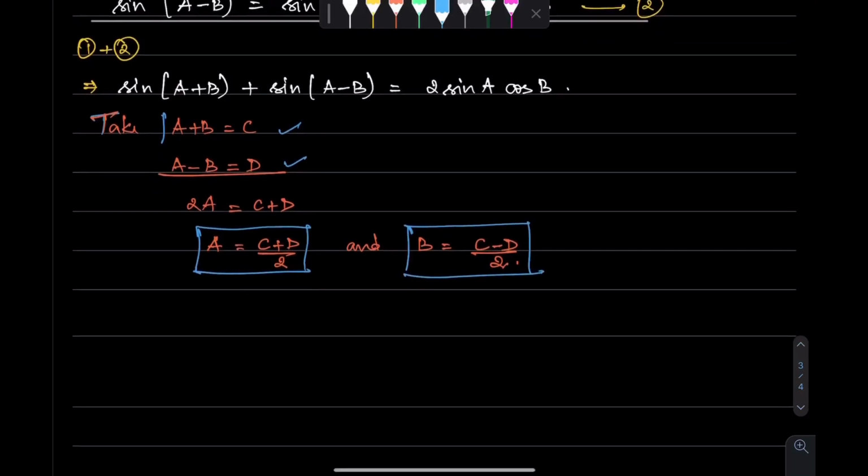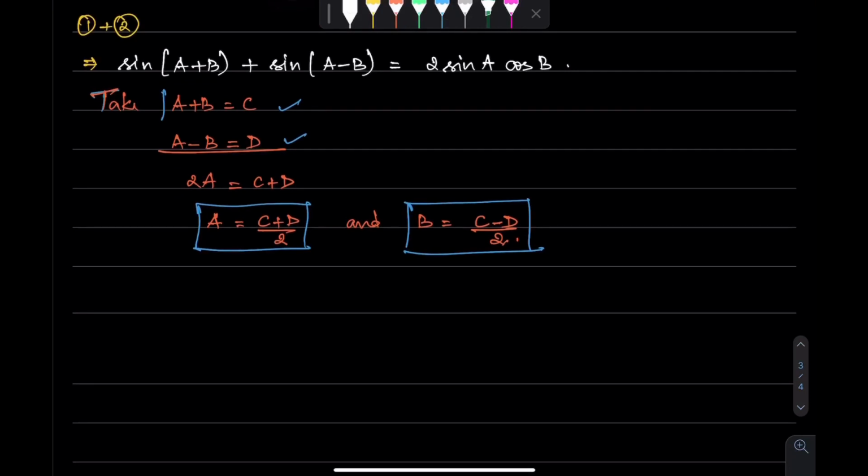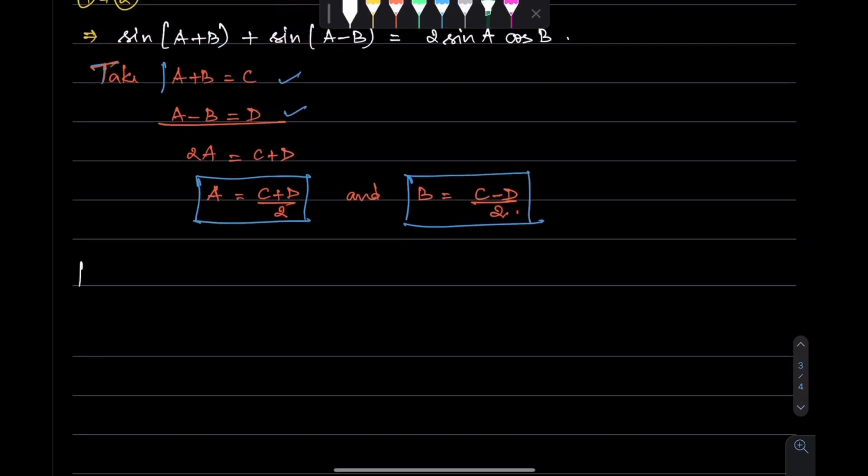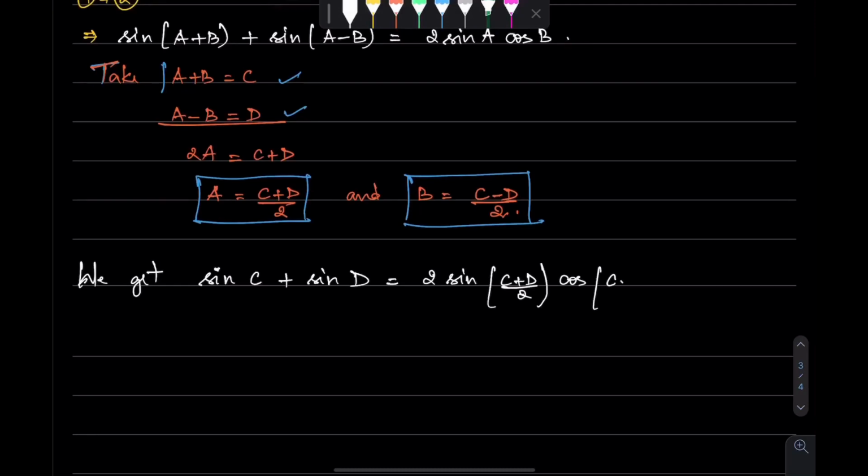So what do we get here? Watch this, children. Sine C plus sine D is equal to, what do I get? 2 sine C plus D by 2 cos C minus D by 2.